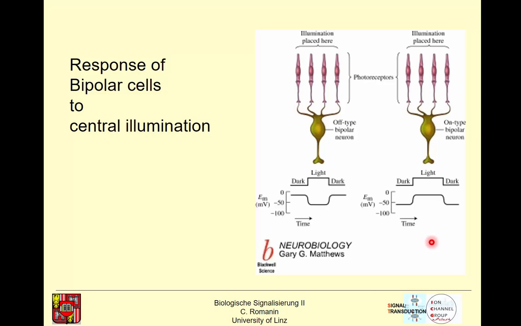So this is a very clear distinction between off-type bipolar and on-type bipolar cells. You can see here, these bipolar cells are linked to a number of photoreceptor cells which are placed in this receptive field.